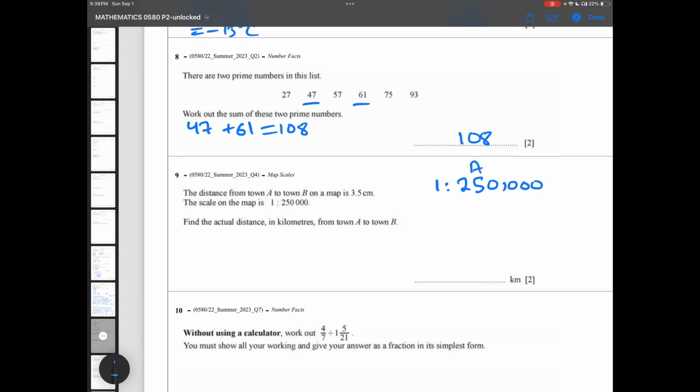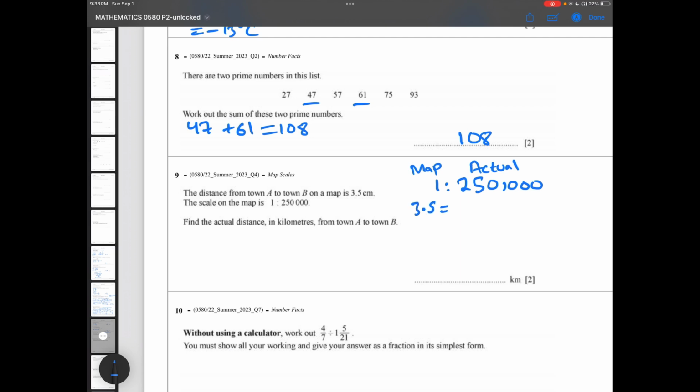This is the actual distance and this is on the map. And in the question, we have been given that the distance on the map is 3.5 centimeters.